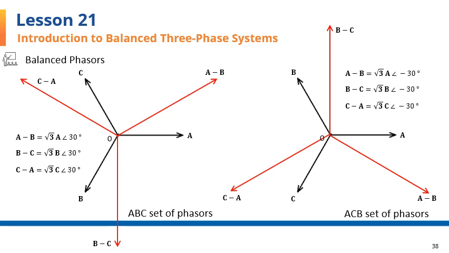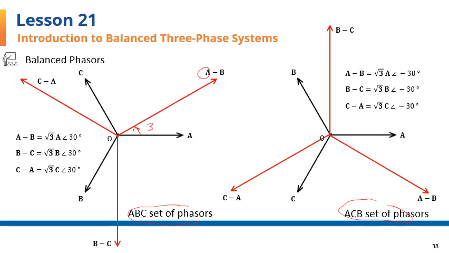On the left you have ABC or positive sequence set of phasors, and on the right you have the ACB or negative sequence set of phasors. Notice that in ABC or positive sequence, each difference is 30 degrees ahead, or leads by 30 degrees, the initial phasor in the difference.